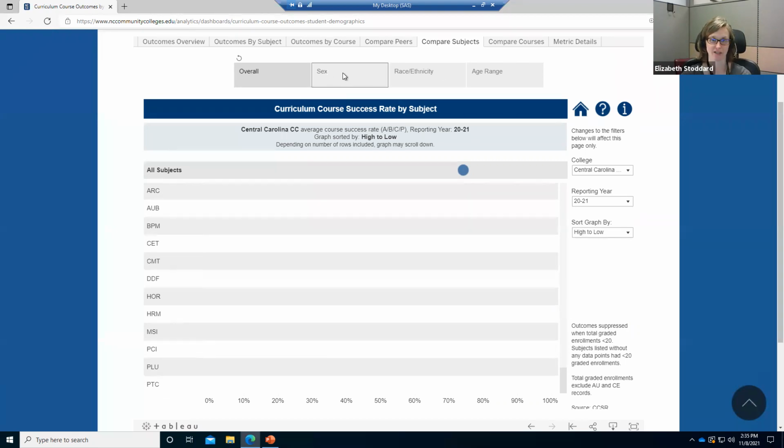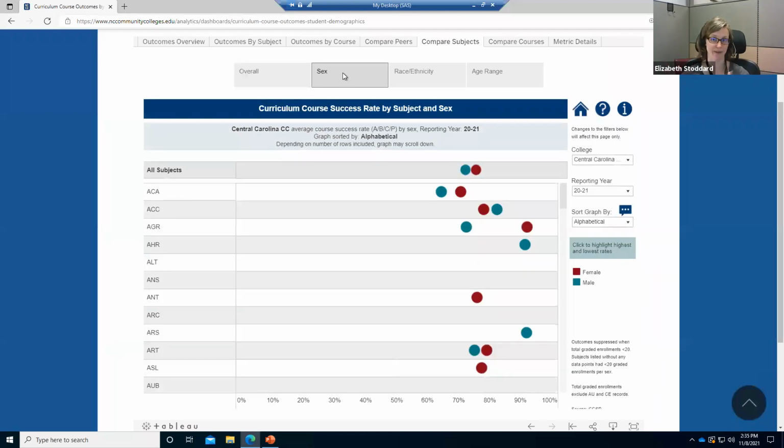The next few pages are where we can start doing some more gap analysis. I just clicked on the page here for sex, and this is going to show us a disaggregation by sex. We're still seeing our list of subjects over here, but now we're seeing the success rate for males and females. This one has a cool feature where you can sort the graph either alphabetically or by the gap.